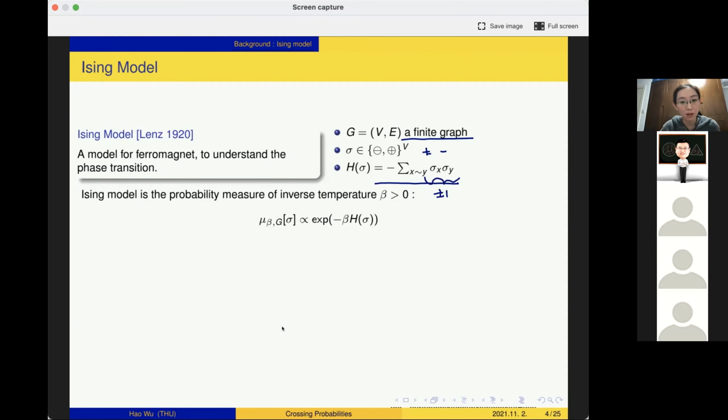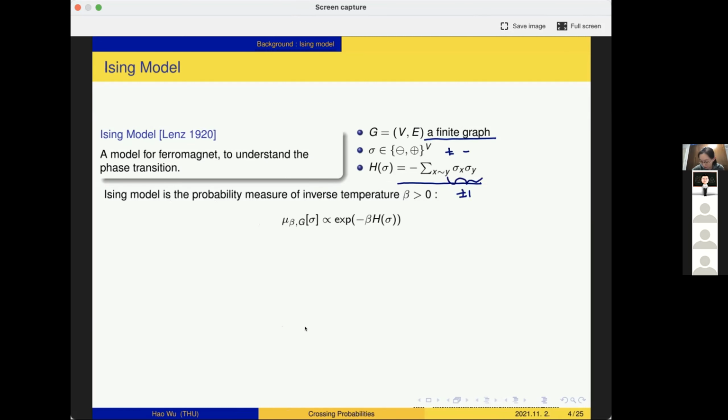In short, the Hamiltonian is proportional to the number of disagreeing neighbors. In other words, this Hamiltonian characterizes the disorder in the system.